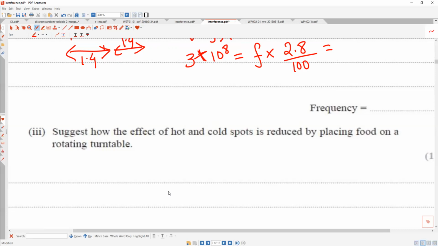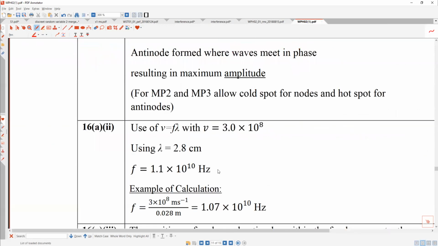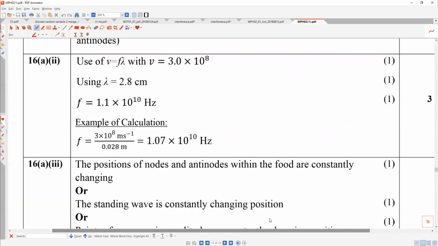The same spot is going to be a node and an antinode at different times. If it is rotating, once it's a node, next time it is going to be an antinode. At an antinode it's getting hot. Now a node no longer stays cold. When it was a node, no heat reached it, now heat reaches it.